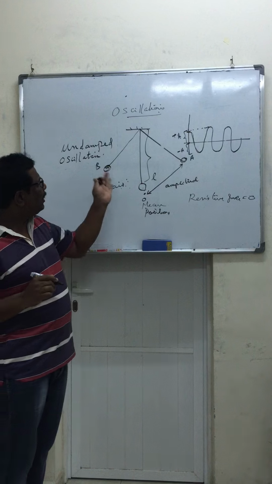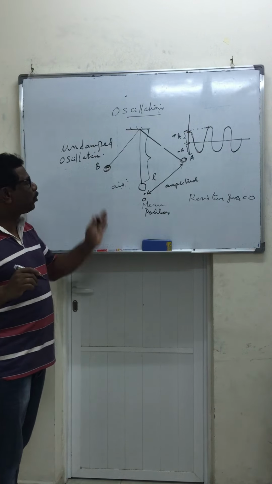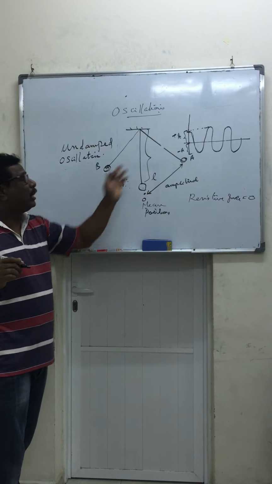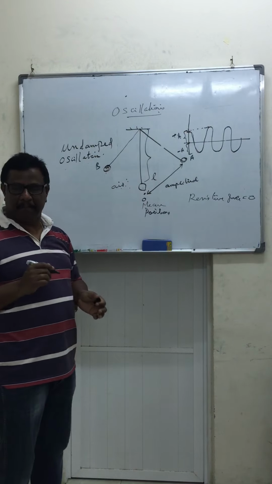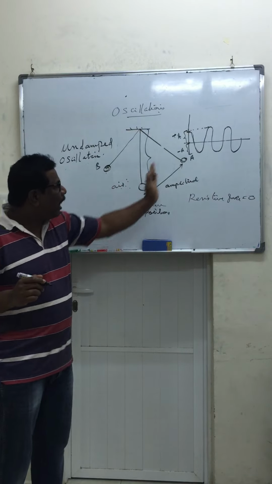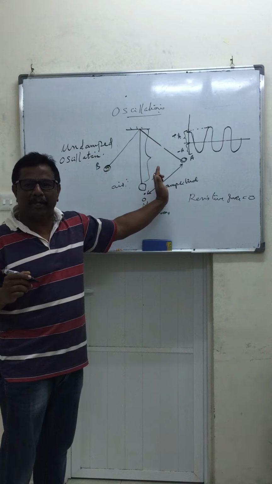But this is only theoretically possible, because even though air is there, air opposes the movement of the pendulum. Because of the opposition, after some time what will happen to the amplitude?